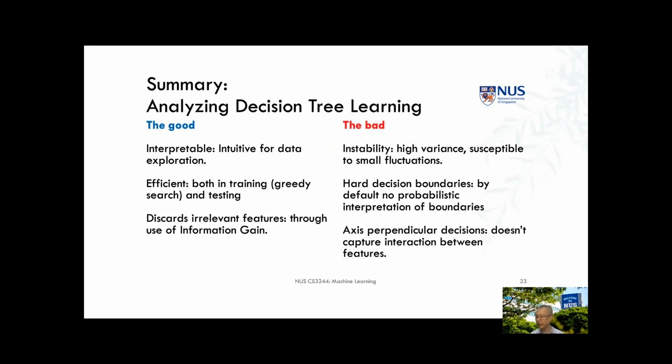There are other problems here that we see. There's no probabilistic way of thinking about classifications. You either get it right or wrong. You can't say something belongs a little bit to this and a little bit to that. And basically, again, because we are doing axis perpendicular decisions, that means we have to have a feature that makes a lot of sense, right?